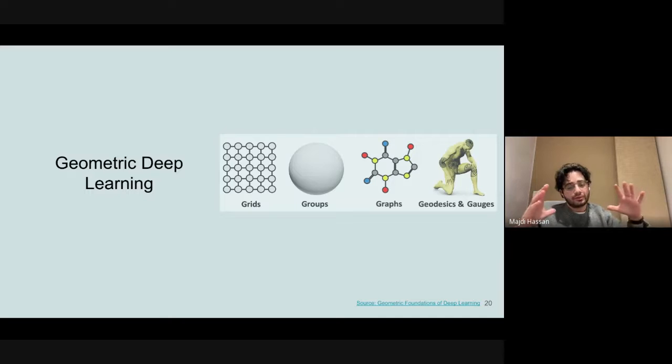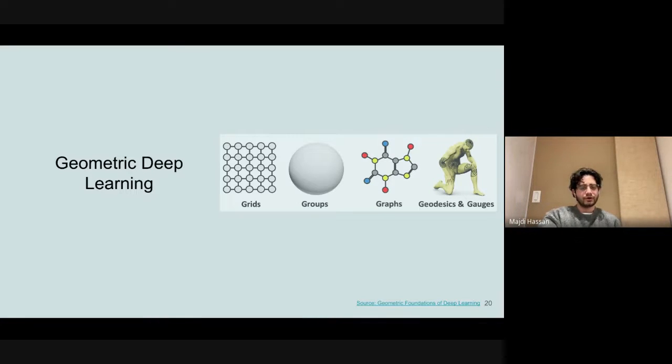For example, images can be represented as grids, molecules can be represented as graphs. Language, like a sentence, could be a sequence of nodes, and all these things have some symmetries or regularities in the data that we can exploit and take advantage of, and it helps the model generalize or learn better for these cases. And so I'll be diving a little bit deeper into that.